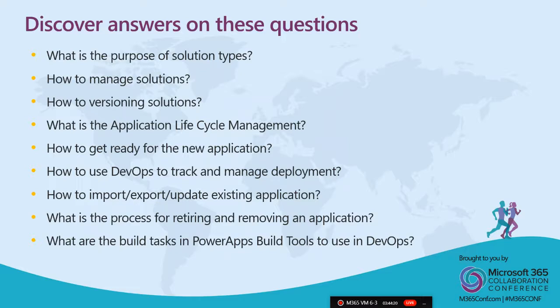If you have unmanaged solutions, then delete all of their components manually rather than deleting just the solution, as I said earlier. Then further, what are the build tasks in the Power Apps build tools to use in DevOps? These are a couple of questions that you should discover before defining the process for the ALM.